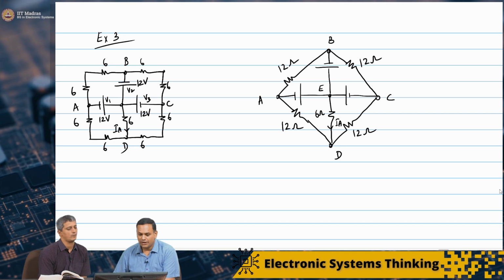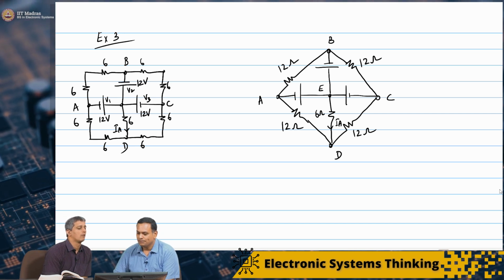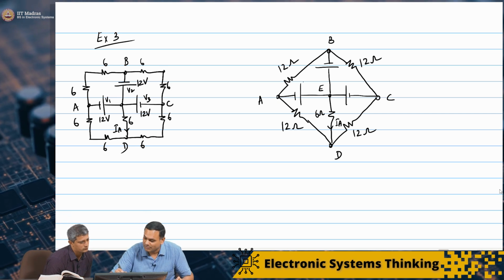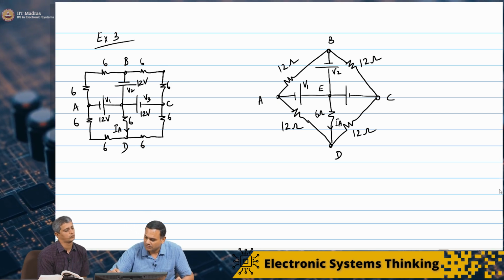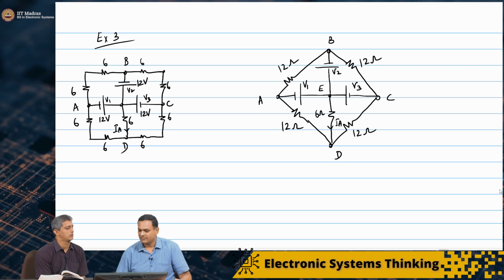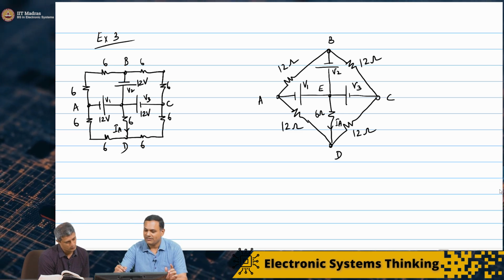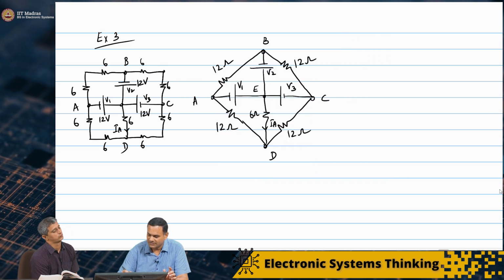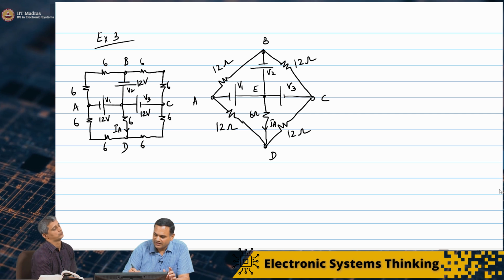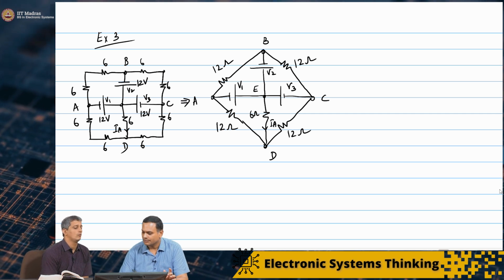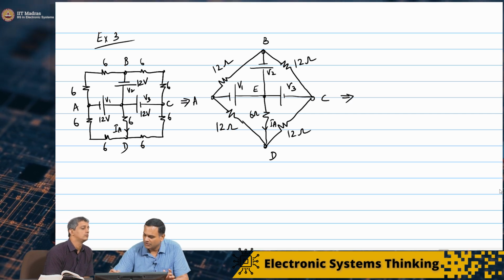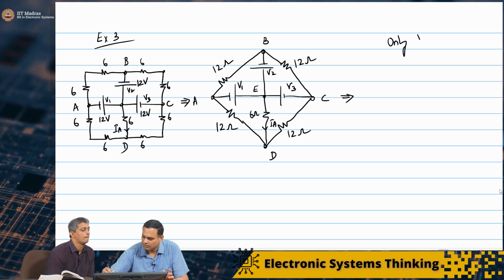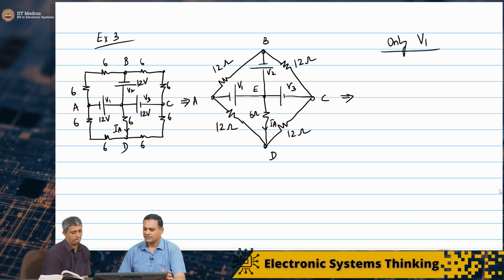Well, let us just start de-energizing one by one and see what happens. So V1, V2 and V3. We'll keep only V1. That's going to be my first step. So I have basically transformed my network like this. Now only V1 is my first step.